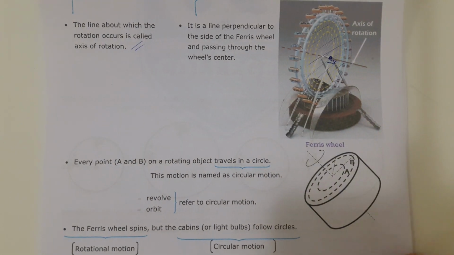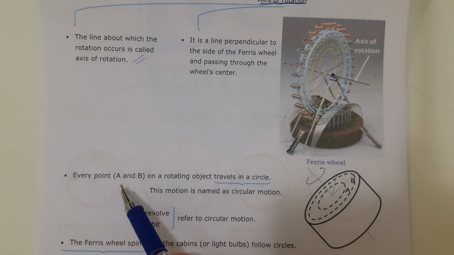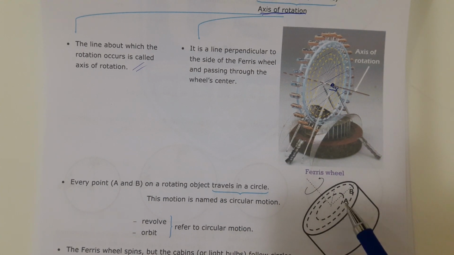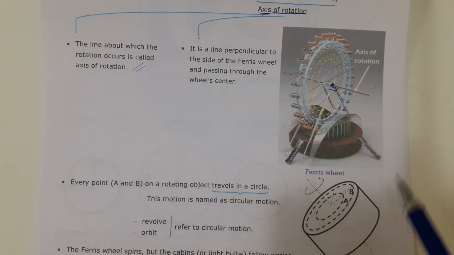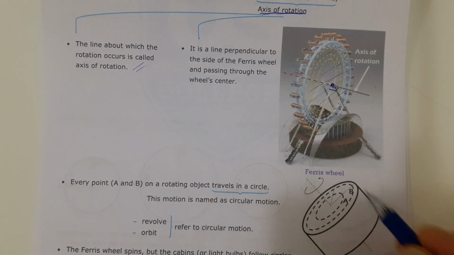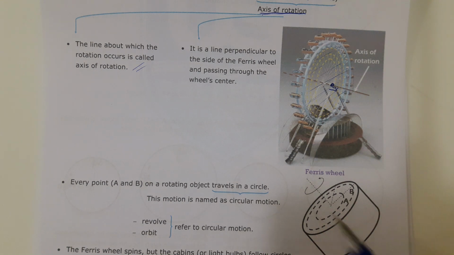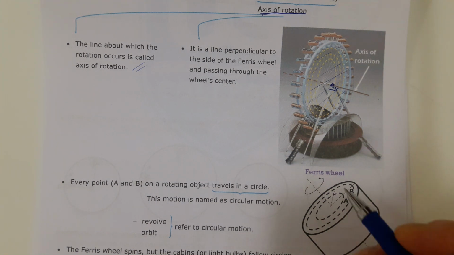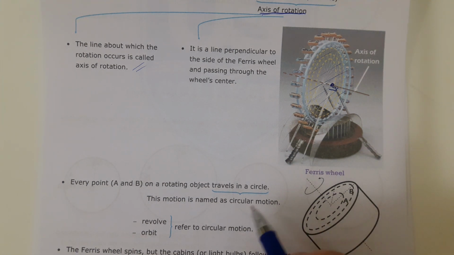Every point, A or B like this, on a rotating object travels in a circle. This is a rigid object. Rigid means its shape does not change when it is moving or rotating. So every point travels on a circle like this.